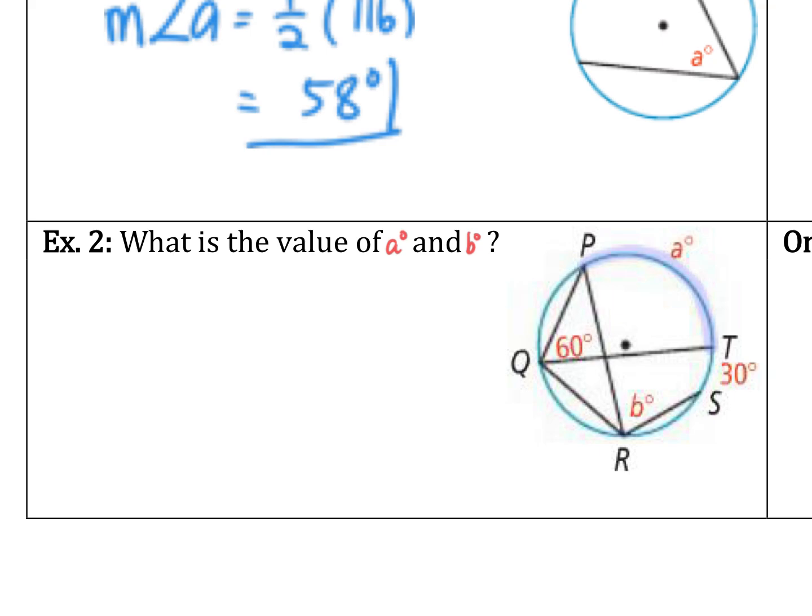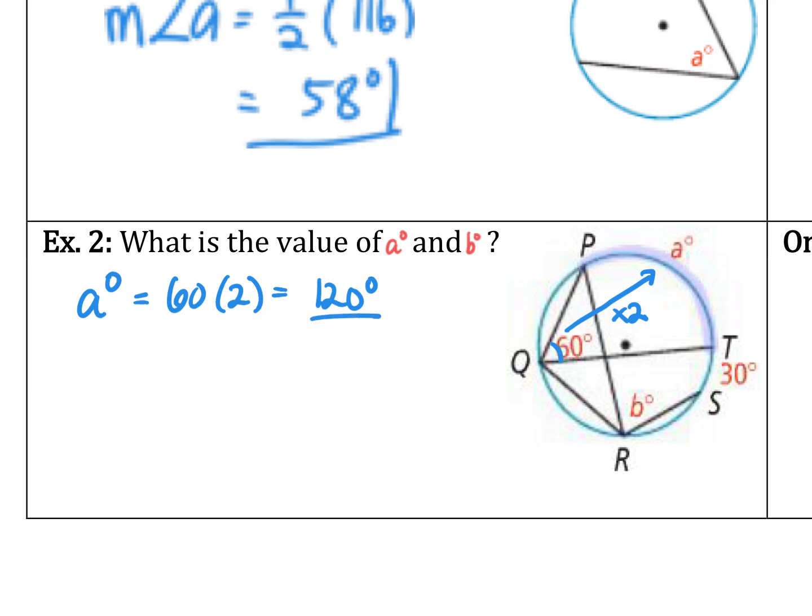Coming from the inscribed angle going out to the arc, it's multiplied by 2. Therefore, A is 60 multiplied by 2, so the measurement of arc A is 120 degrees.